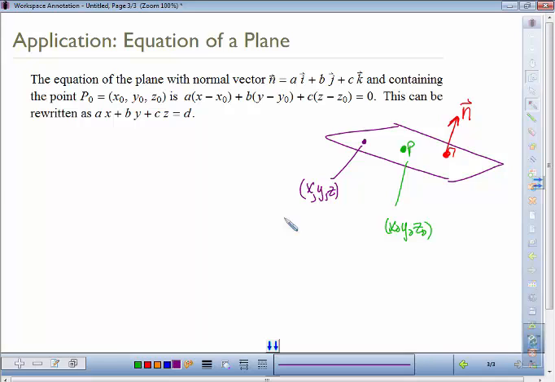So this is arbitrary. Arbitrary means random. It is a general point that describes any point that's on the plane. Your x naught, y naught, z naught is some fixed point on the plane. And then your n is normal to the plane.